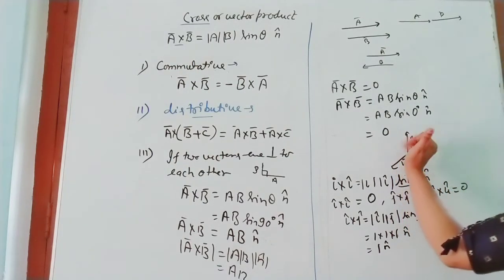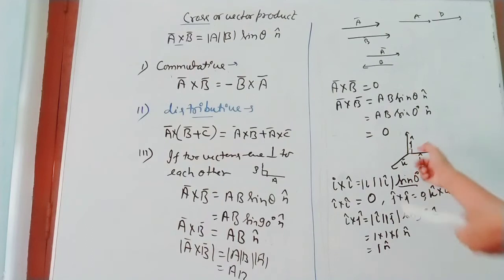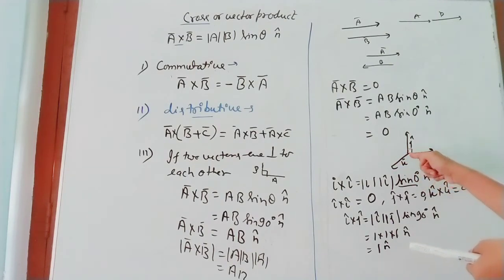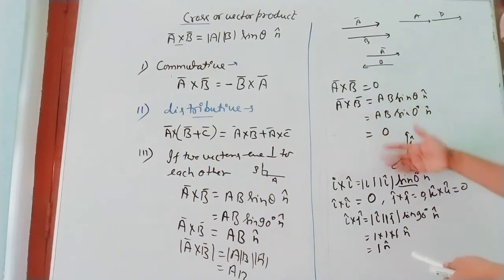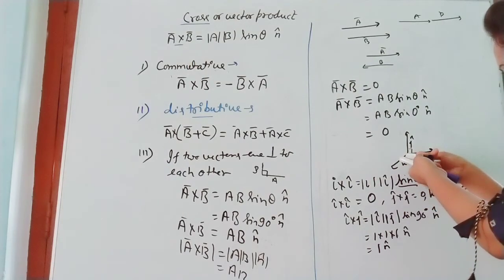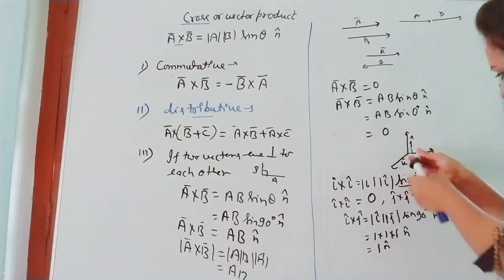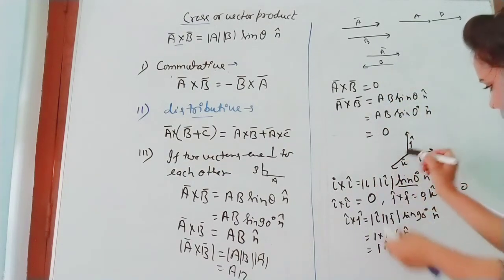So i cross j: the thumb is pointing in the k direction. This k is not in the plane, it is perpendicular to it, but since the board is a plane, that's why I have drawn the vector like this.